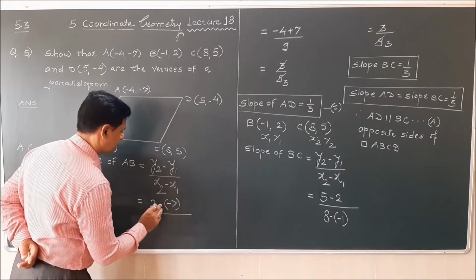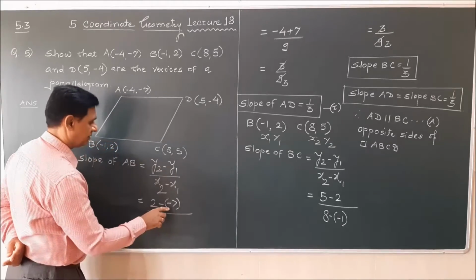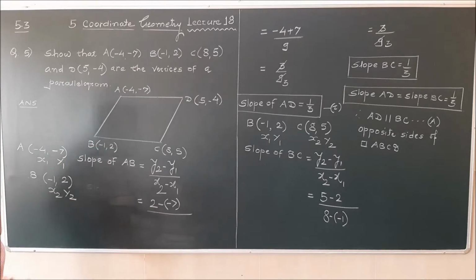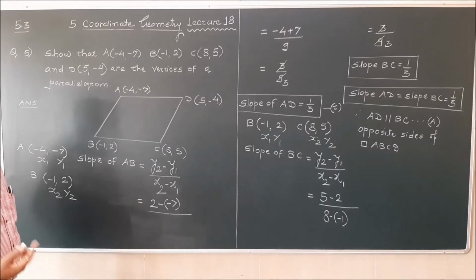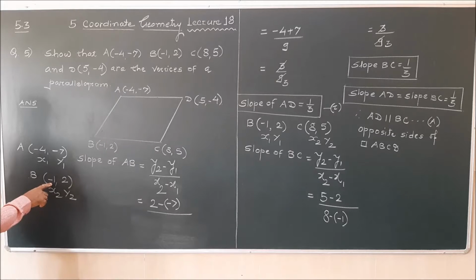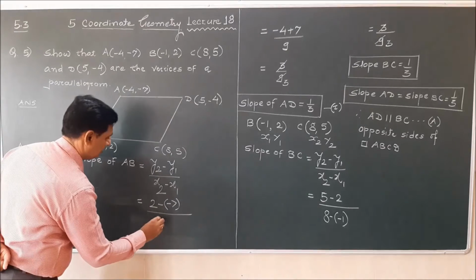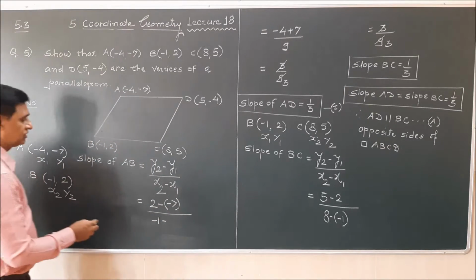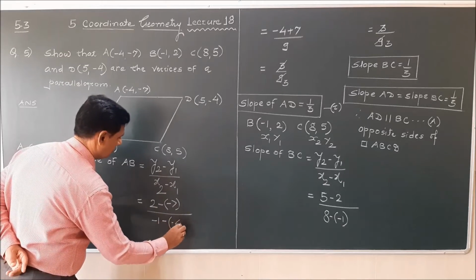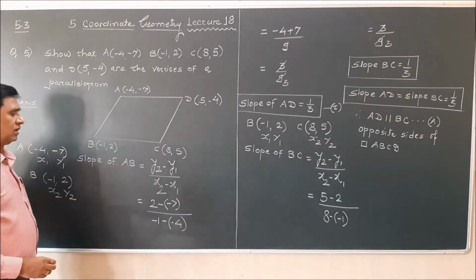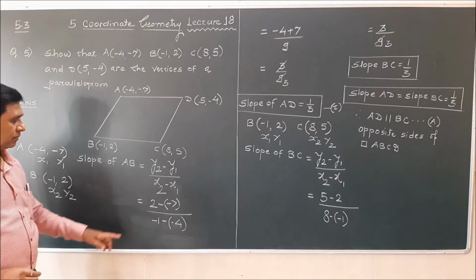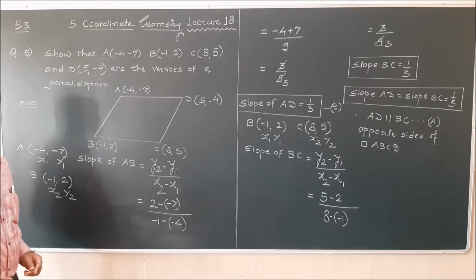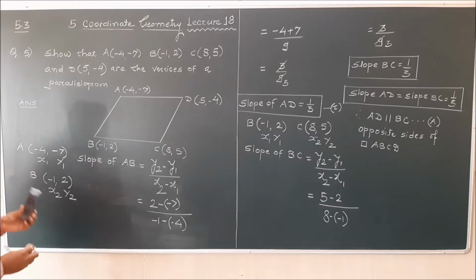I have explained you many times that whenever the second coordinate is negative after a minus sign, you must start to place a bracket. x2 minus x1, so minus 1 minus, x1 is minus 4, minus of minus 4. So we will get over here 2 minus of minus 7. So let's complete now.